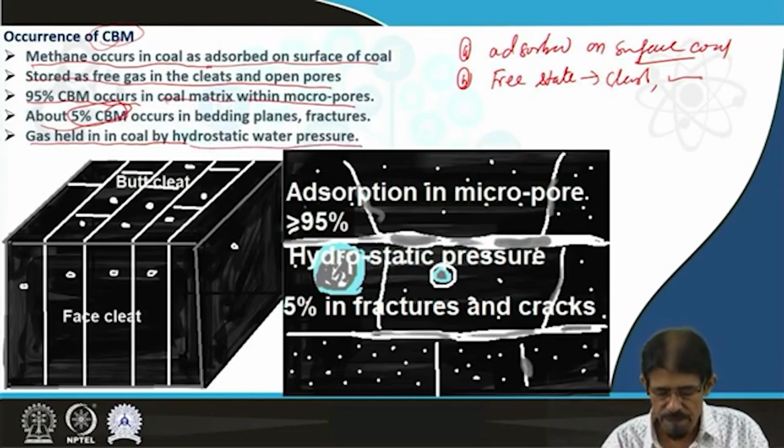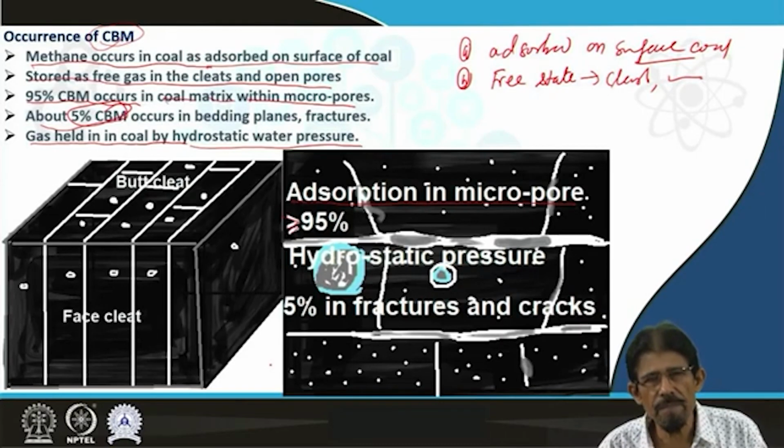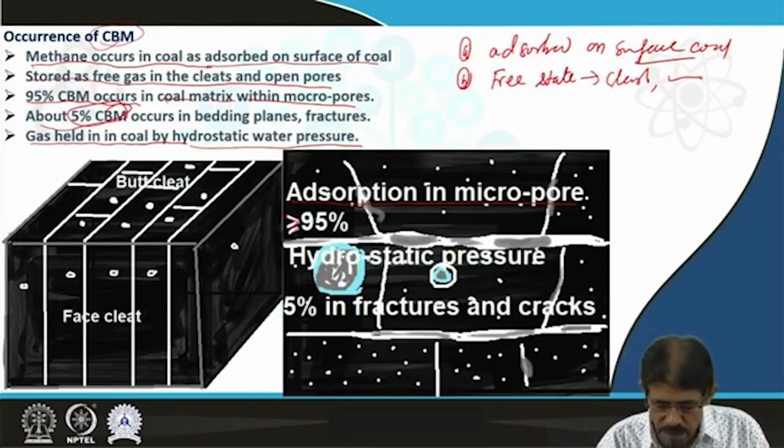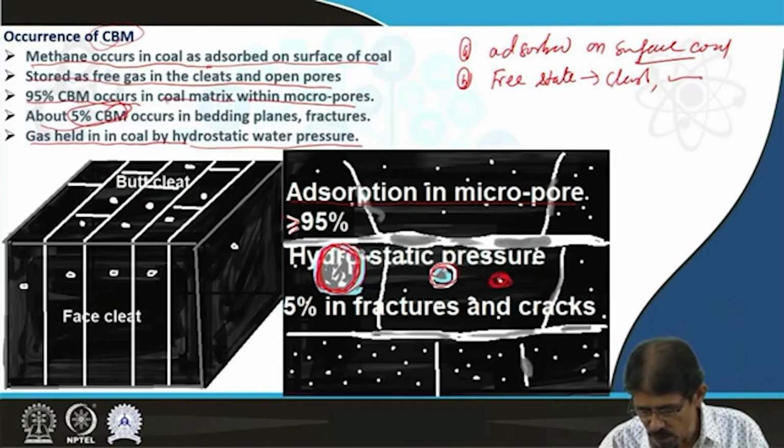You can see the adsorption in micropores is responsible for holding 95% of the CBM, either independently or due to hydrostatic pressure engaged inside the pores, and this concentration of the CBM in pores under hydrostatic pressure is the main source for CBM extraction.